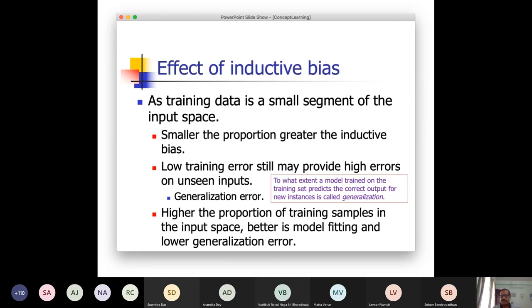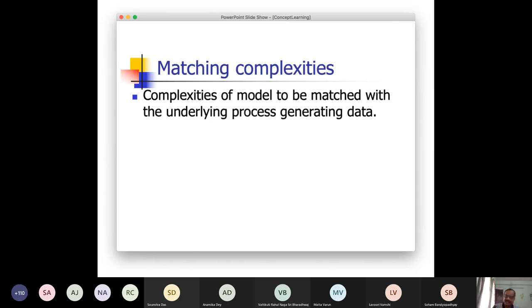Naturally, if you have more training samples, you are going to get a better model fit and your generalization error will be lower. But there is another issue: your choice of representation of the hypothesis should match the representation of the corresponding target function.